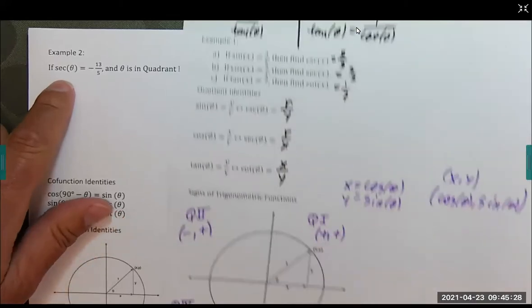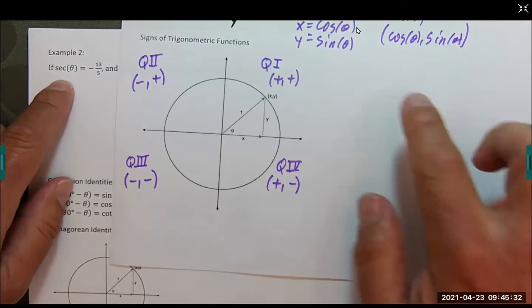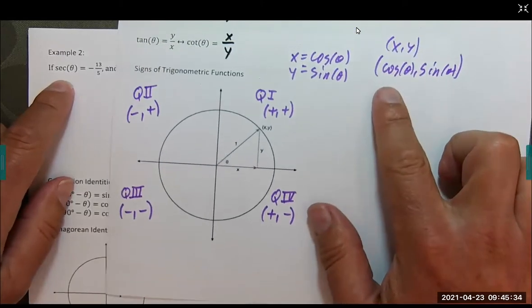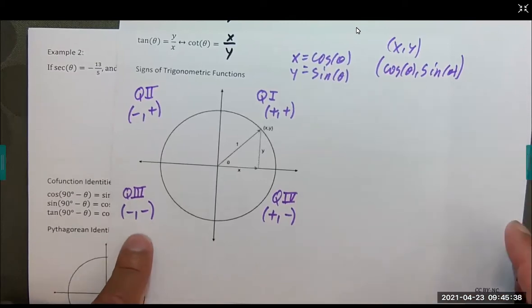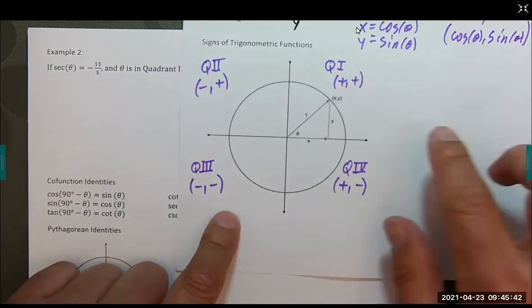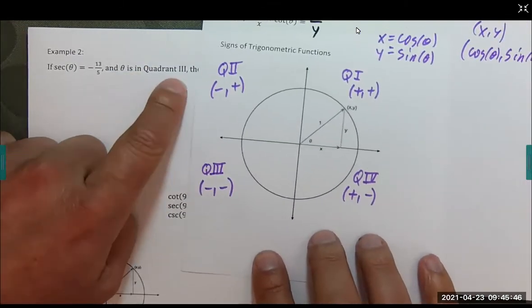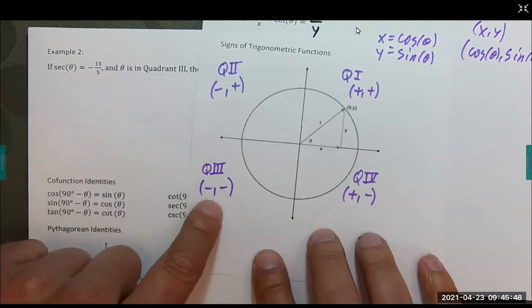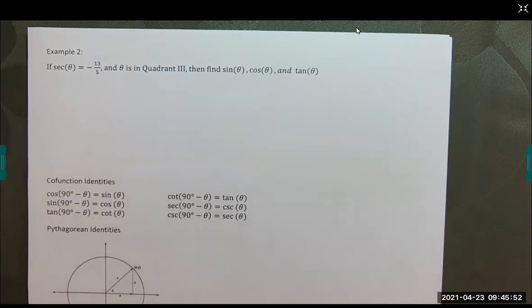Now secant, if you remember, is the reciprocal of cosine. So it's going to follow sign-wise, S-I-G-N, the same as cosine. And we can see that secant is definitely negative there. Now, it says we're in quadrant 3. You'll notice that cosine is negative in both quadrants 2 and 3. But they've specified for us that we're dealing with quadrant 3.